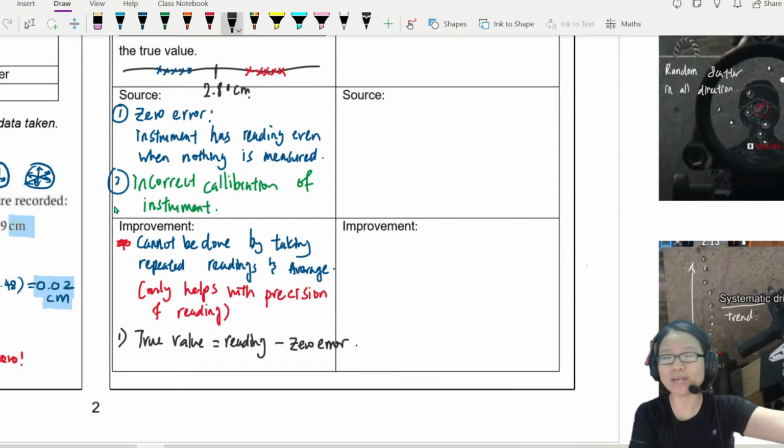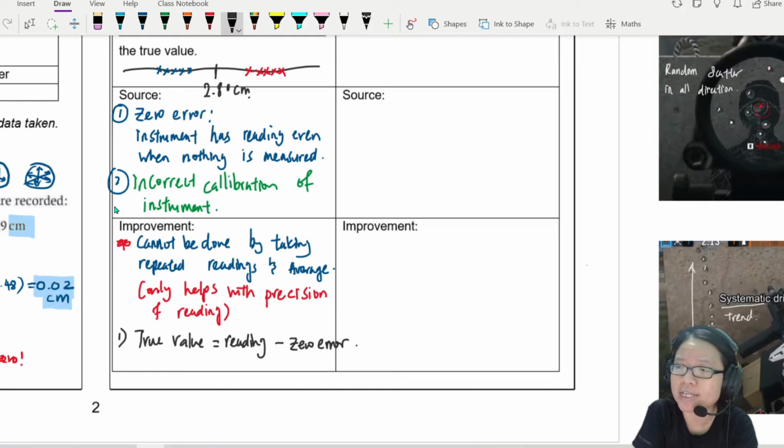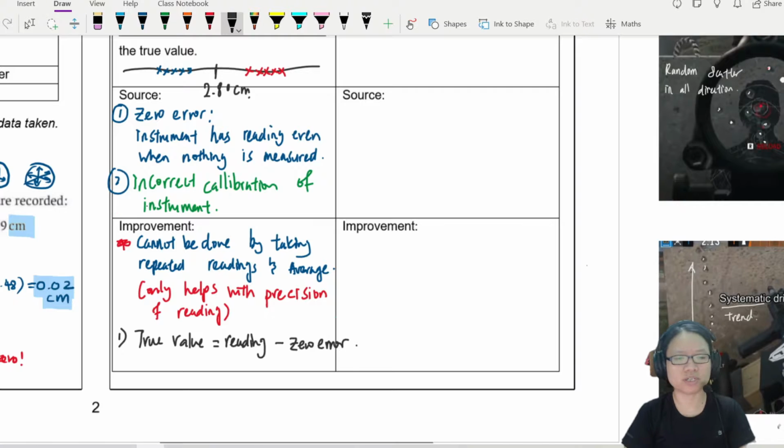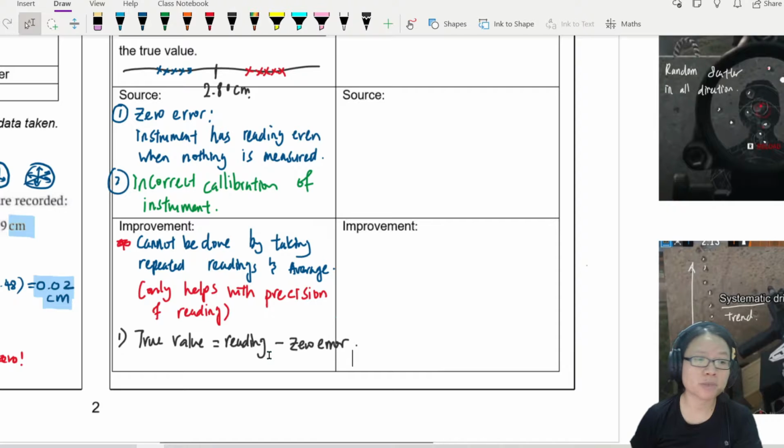You stand on the weighing machine and you look at it again. It says 80 kg. Are you going to say that you're 80 kg? No, miss. When I wasn't on the machine, it was 2. I stand on it, it's 80. I am 78. Correct. You just minus the zero error. It works both ways, even when it's negative. So we minus the zero error in this case. So that is the true value.